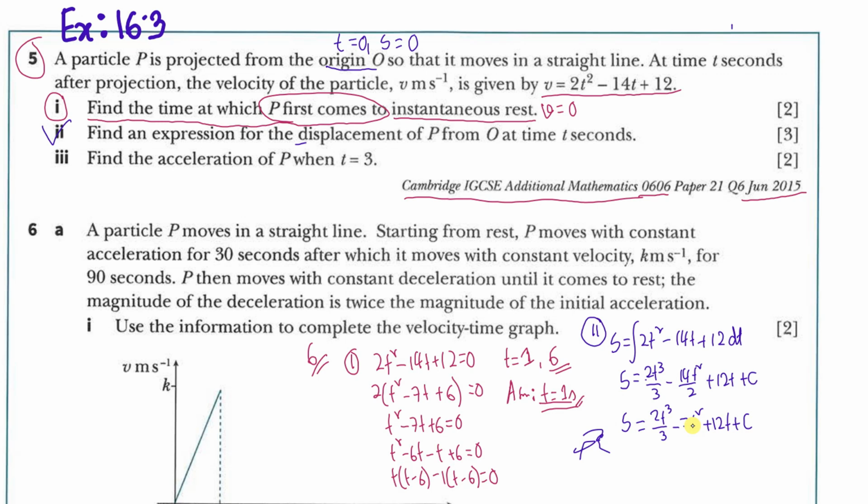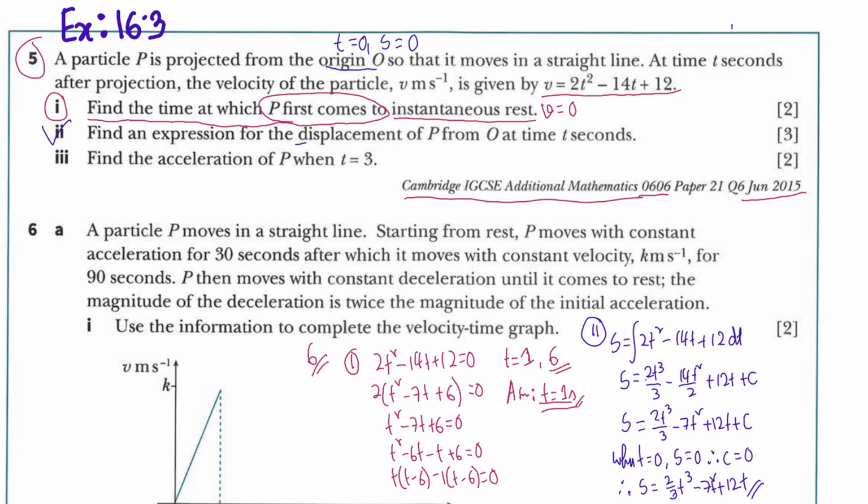If we put s = 0 and t = 0, we can write c = 0. So our final displacement equation is s = (2/3)t³ − 7t² + 12t. This is the second part of this question, the expression for the displacement.